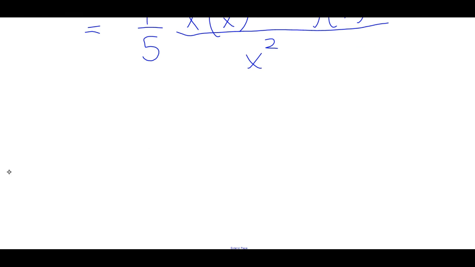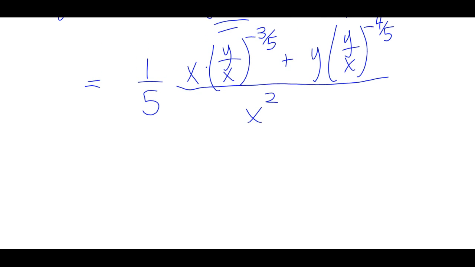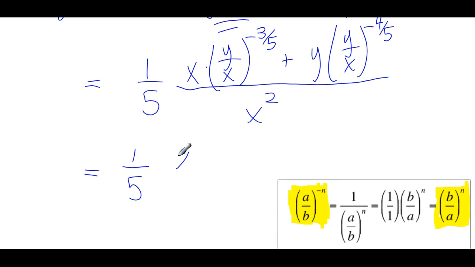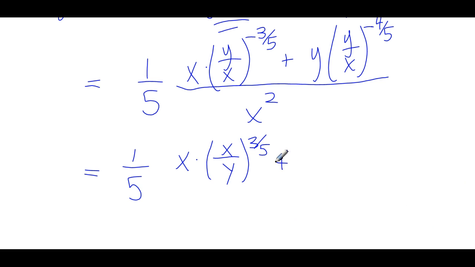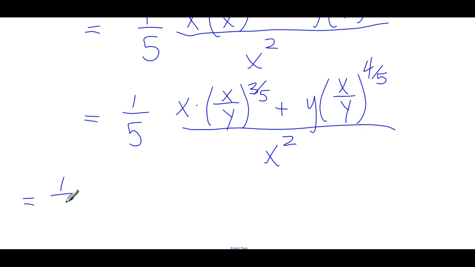Now this is my personal preference. I don't like to deal with negative exponents if I don't have to. This is a property of negative exponents as well, that I can flip the fraction on the inside and call this x over y, and that'll make this a positive 3/5. And then the same thing here: y times x over y to the positive 4/5. And then just some further simplification.